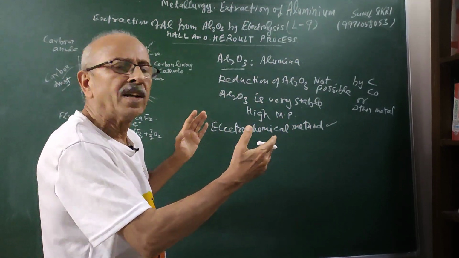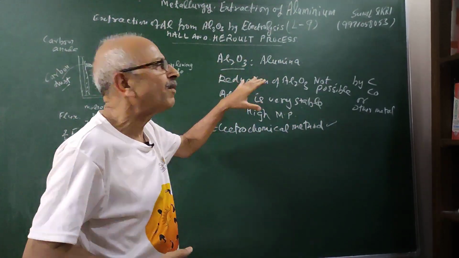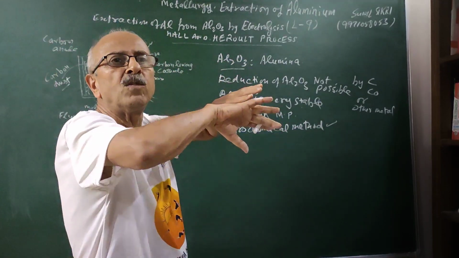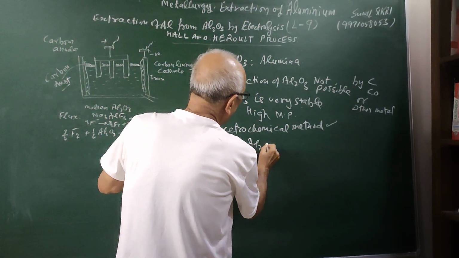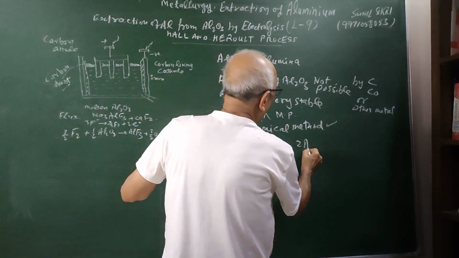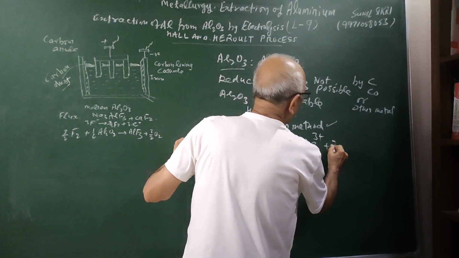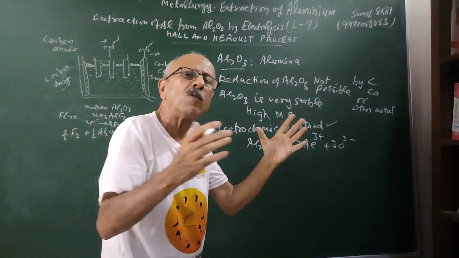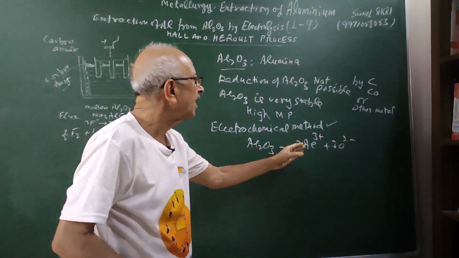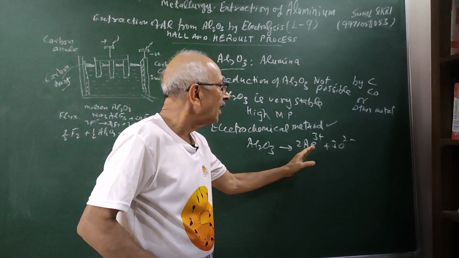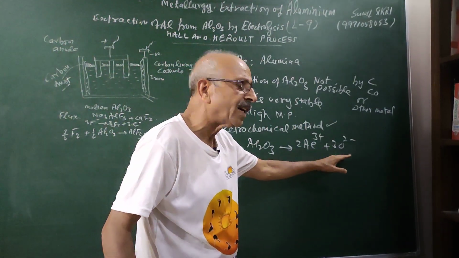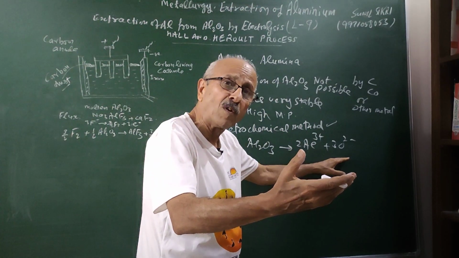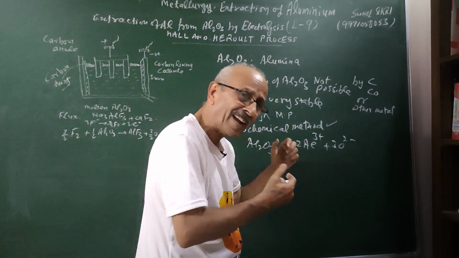When we use a battery of high voltage, we will be able to dissociate Al2O3 into aluminium ions and oxide ions. If we have two electrodes, positive and negative, the cation will move towards the negative plate, which is the cathode, and the anion will move towards the positive plate, which is the anode, and then we should be able to get oxygen and aluminium.